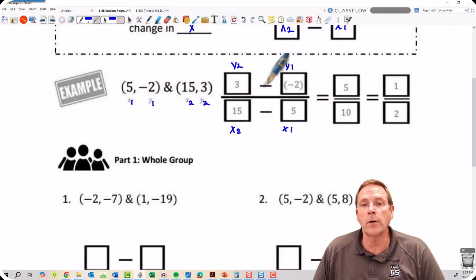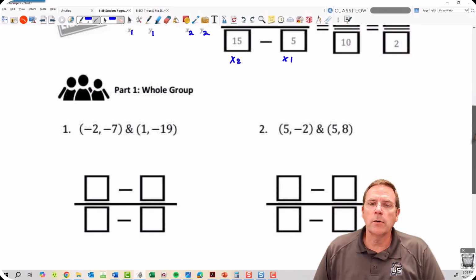Now this is important. You have minus a negative 2, which actually means plus 2 right there. And then my x2 was 15 and my x1 was 5. So 3 plus 2 gave them 5, and then 15 minus 5 gave them 10, and then of course that simplifies to be 1/2 for the slope right there.